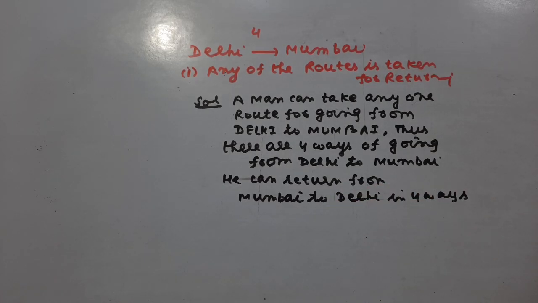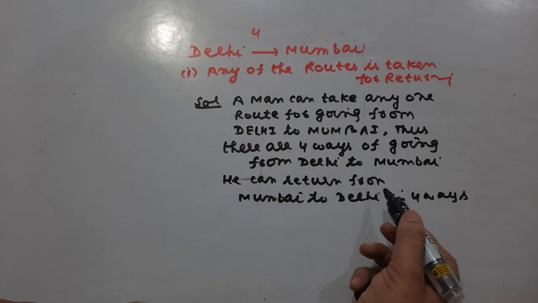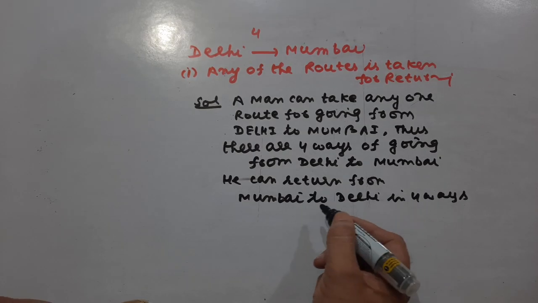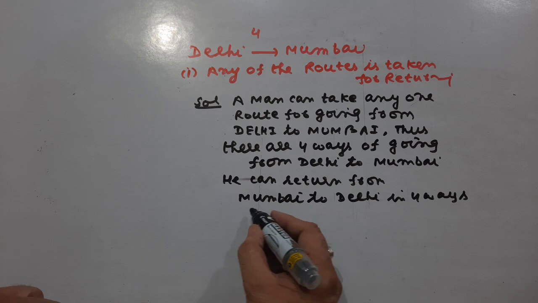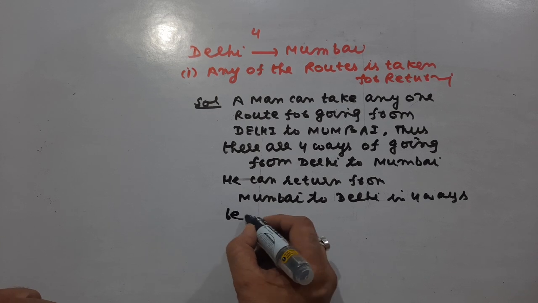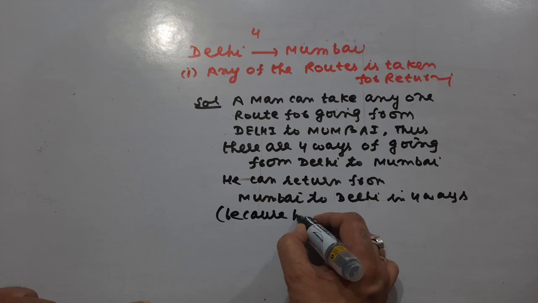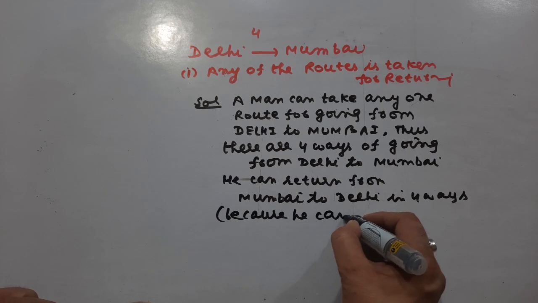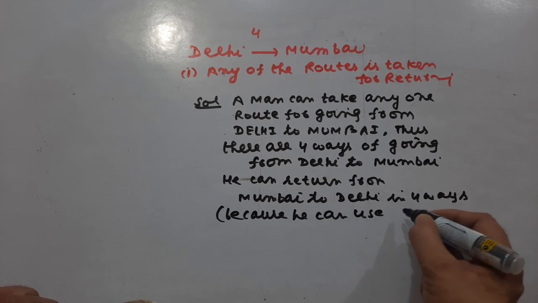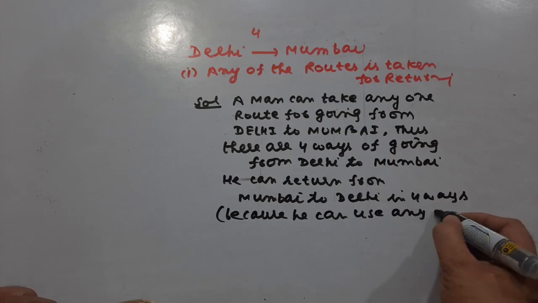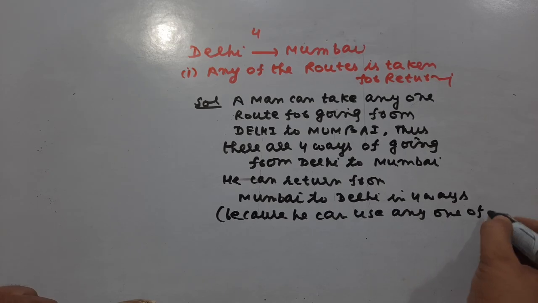So he can use any one of the 4 routes for coming back. So he can return from Mumbai to Delhi in 4 ways, because he can use any one of the routes.